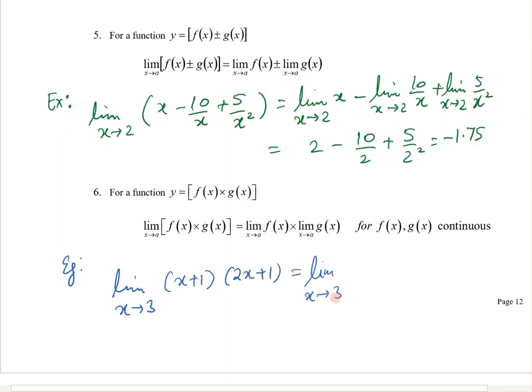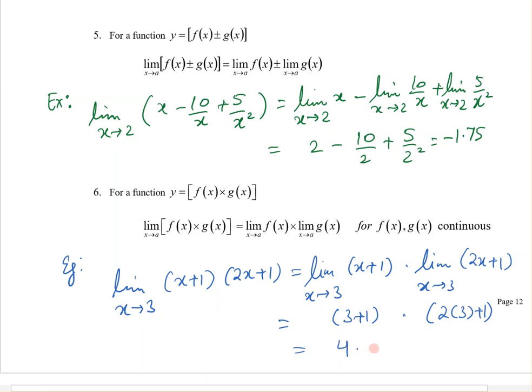We can just take the limits and then multiply the values of the limits in order to get the overall value. In this case 3 plus 1 would be 4 and 2 times 3 plus 1 would be 7. So we get 4 times 7, which is 28. These are all Cauchy's rules of limits.